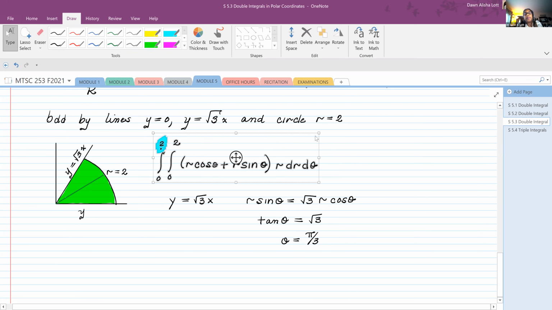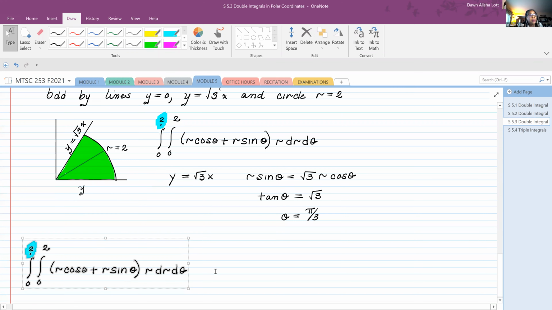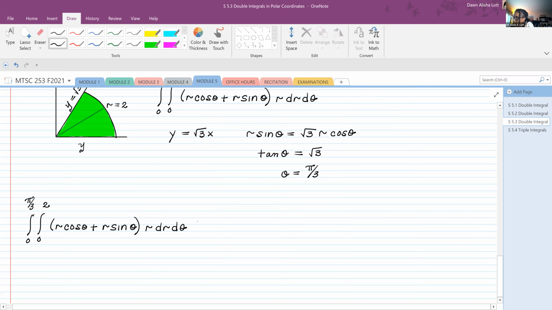So now I'm going to compute this integral, but I know what goes up here. I get the integral from 0 to pi over 3, and on the inside, the integral from 0 to 2.